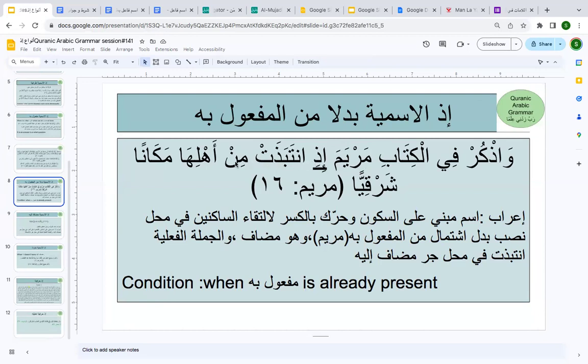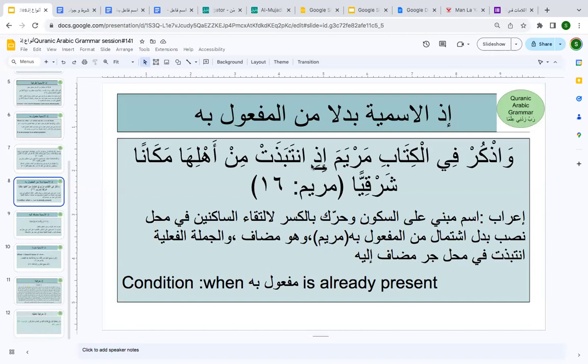Idhin tabazat min ahliha. What should I remember about Maryam? When she secluded herself from her family in an easterly place, right? So this one is a badal. What should I mention or remember about Maryam?